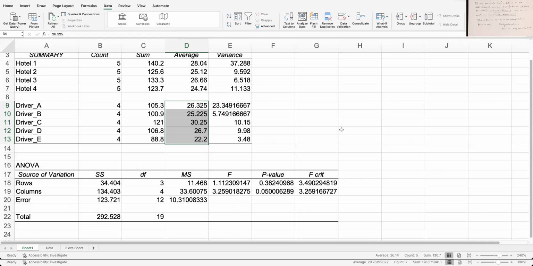The average within my columns isn't visible in my calculation down there for the ANOVA. I haven't done a grand average by columns. I could sit down and average those 5 numbers.